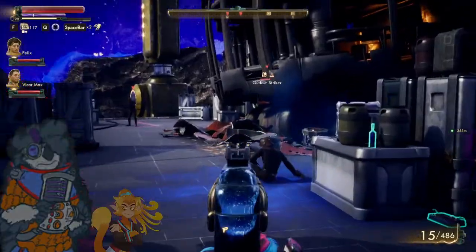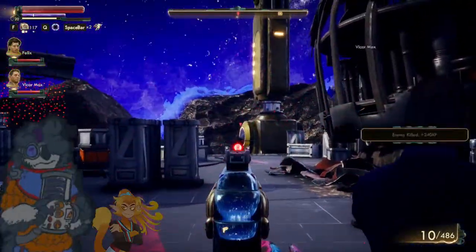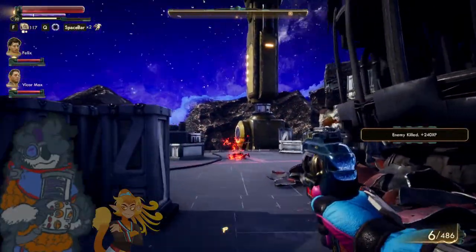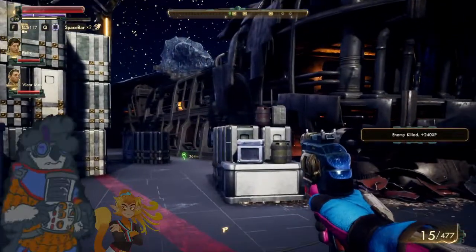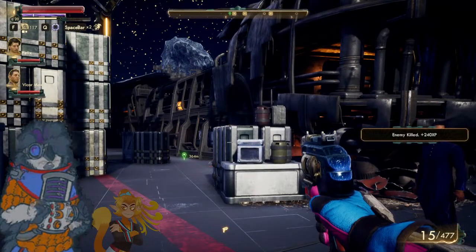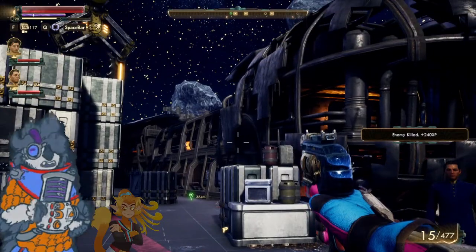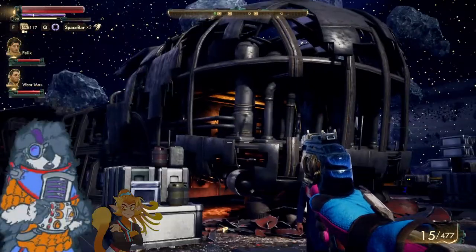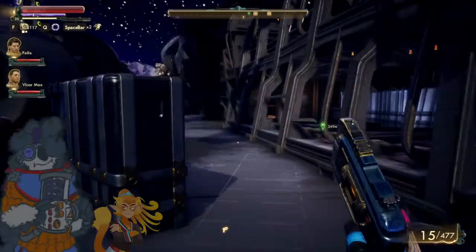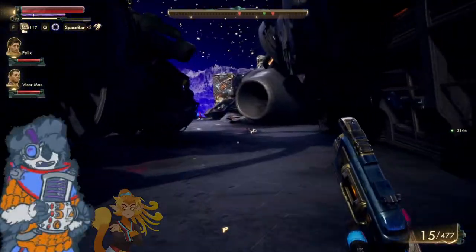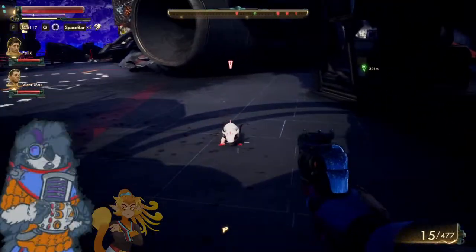Oh, hello there. That's the last of him. Wait, why are there a bunch of outlaws just on top of the... This thing's been stripped apart. Their ships are... Here they come.